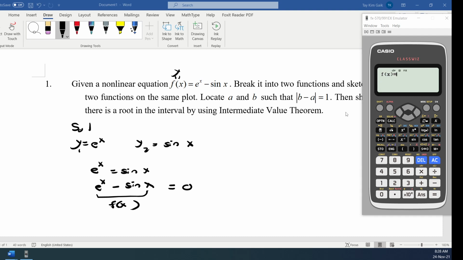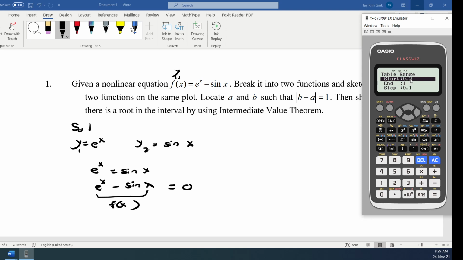So you can key in e^x. Then the second function is sin x. For the starting value, the default is actually 1 to 5, and the step default is 1.